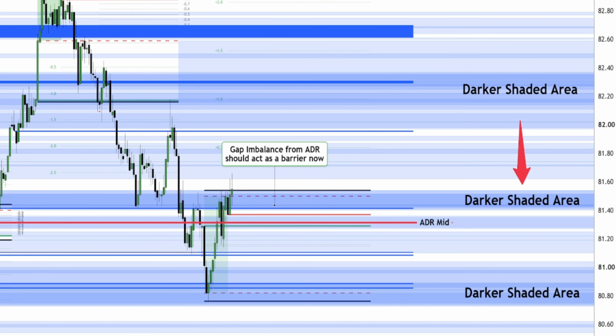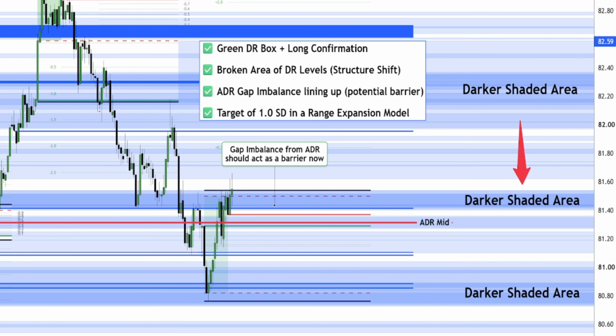A single gap imbalance on its own is not a strong enough reason to assume that once it breaks, it flips into support. On its own, it doesn't. But look at what we've got stacked now. A green DR box followed by a long confirmation. A broken area of overlapping previous DR levels. The aftermarket gap imbalances broken to the upside, now acting as a barrier.